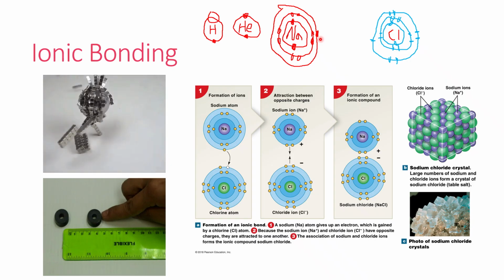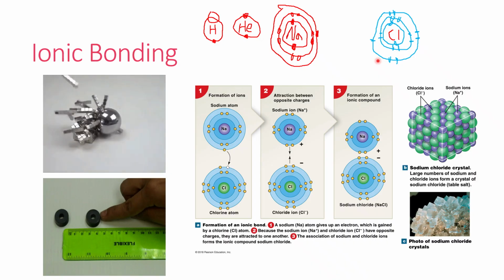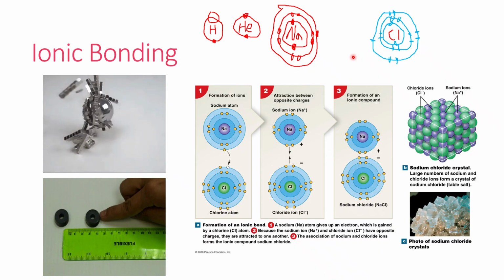Probably lose that electron. And on the flip side with chlorine, do you think it's easier for chlorine to gain 1 electron or to lose 7 electrons? It's going to gain 1 electron. And so this is how sodium and chlorine are going to be best buds.